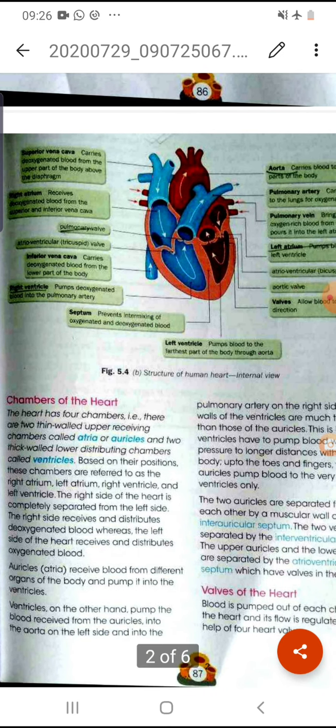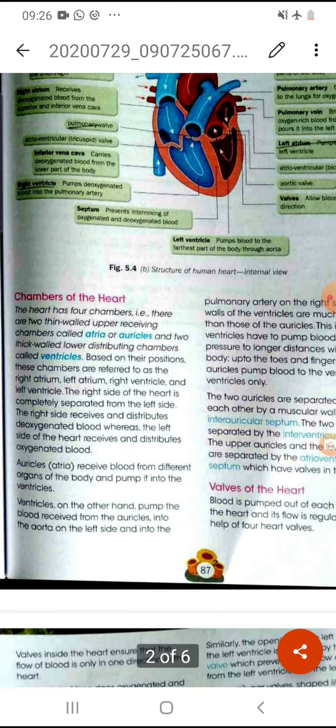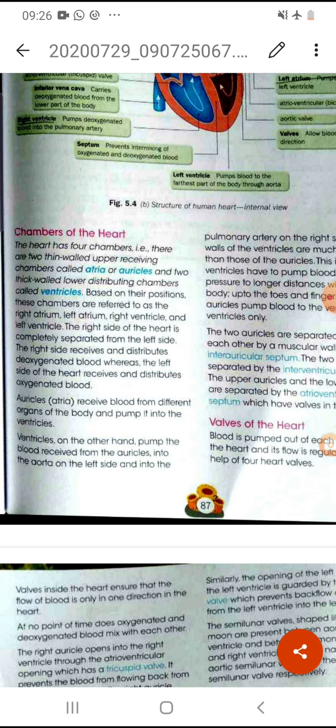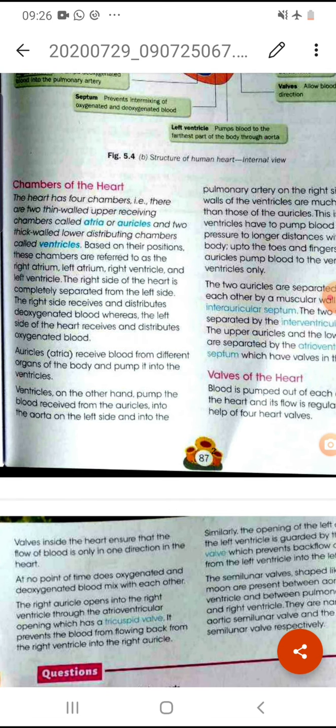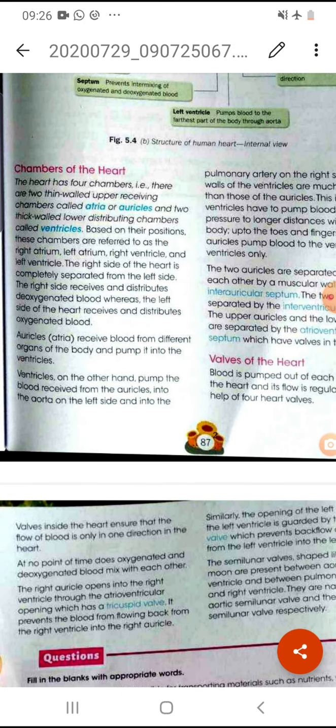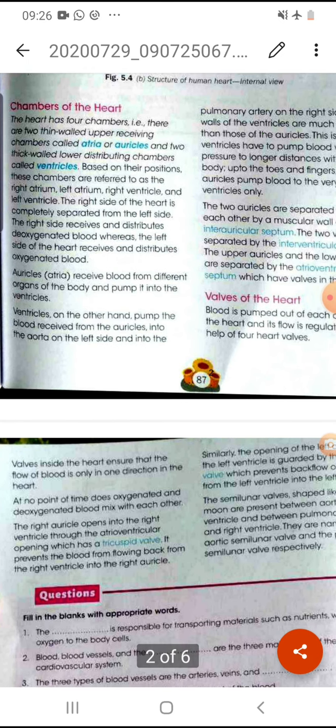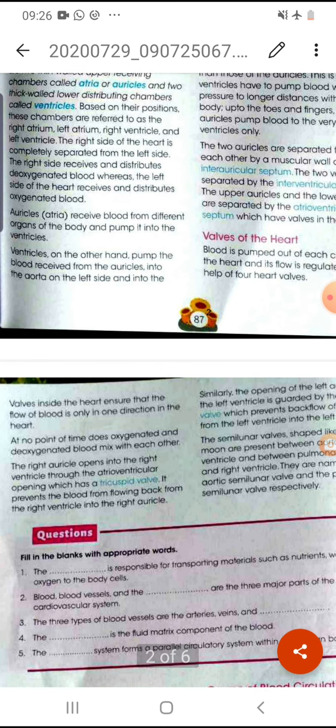Okay, on the right side of the heart, you can see in this diagram, each chamber is separated from the others. The right side, that means the right atrium and the right ventricle, receive and distribute the deoxygenated blood, whereas the left portion, that means the left atrium and the left ventricle, receive and distribute the oxygenated or the pure blood.